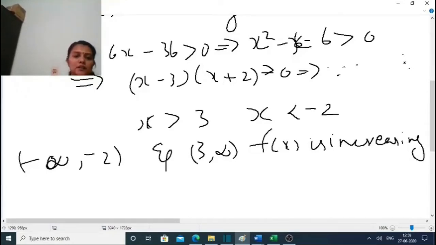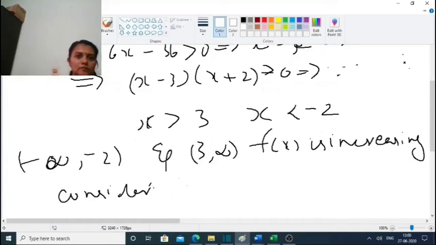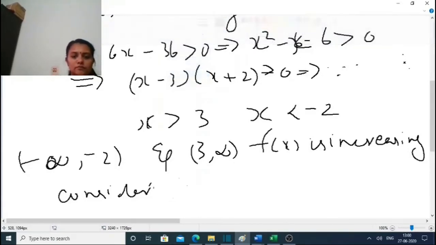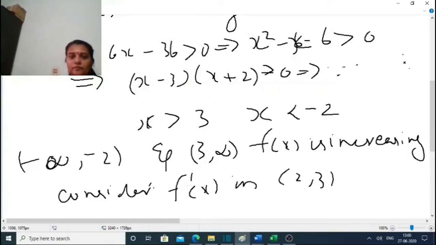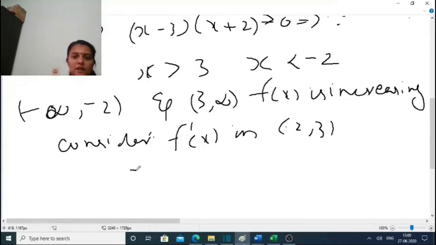Now consider f dash x in the interval minus 2, 3.